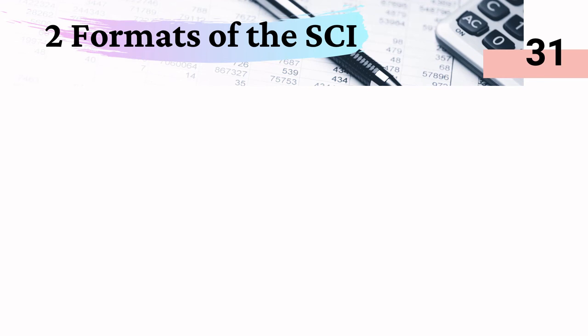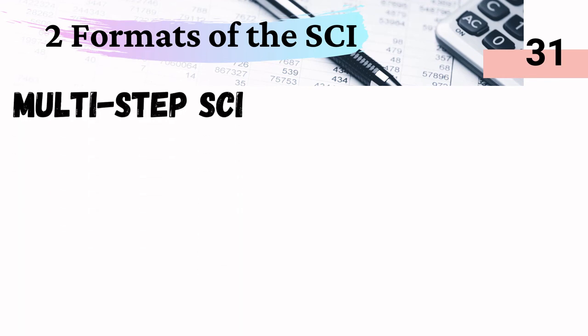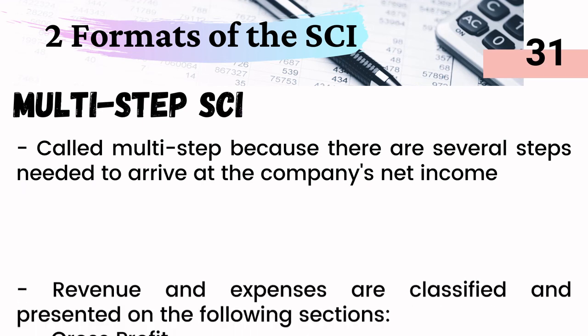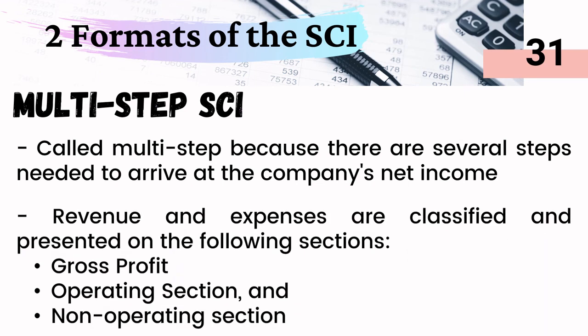The second format of the SCI is the multi-step SCI. This is called multi-step because there are several steps needed to arrive at the company's net income. Here, revenue and expenses are classified and presented on the following sections: gross profit, operating section, and non-operating section.